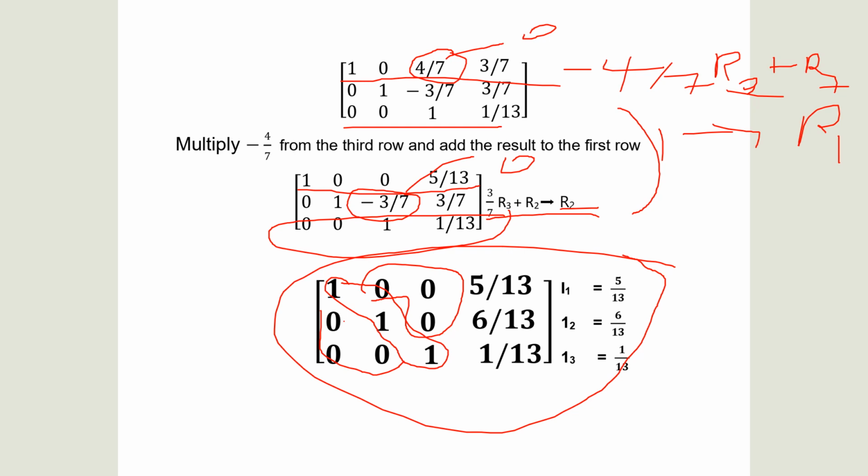The current 1 is 5/13, the current 2 is 6/13, the current 3 is equal to 1/13. Therefore, to determine the three currents based on the question that we need to answer, the current 1 is equal to 5/13, the current 2 is equal to 6/13, and the current 3 is 1/13.